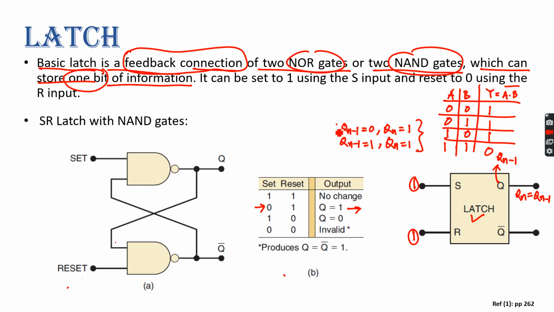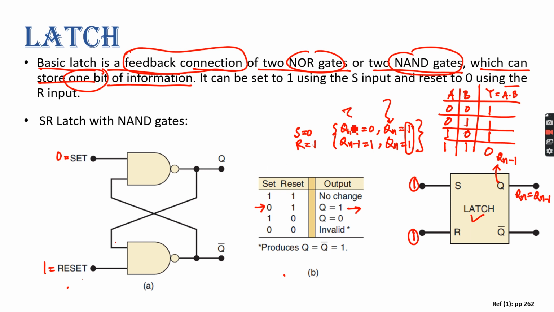So no matter what my previous state was, the next or present state would always be 1 as you put s equals to 0 and r equals to 1. You got my point, right? Yes, sir. So now let's see how it happens. We are putting s equals to 0 and r equals to 1.